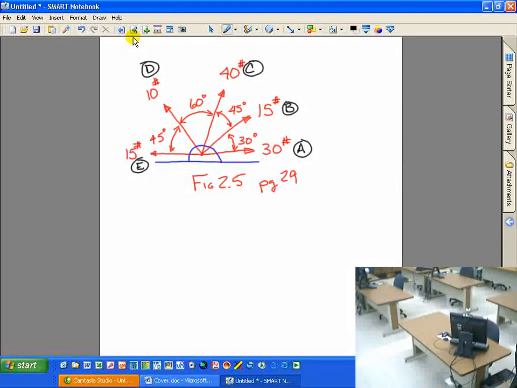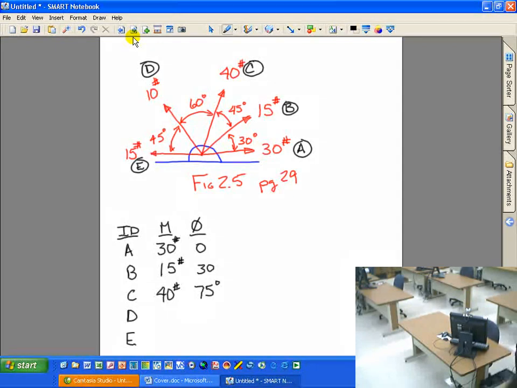So therefore, if we ID with a magnitude and a direction, A, B, C, D, and E: A has a magnitude of 30 pounds, angle of 0. B has a magnitude of 15 pounds, angle of 30. C has a magnitude of 40 pounds, an angle of 75 degrees.